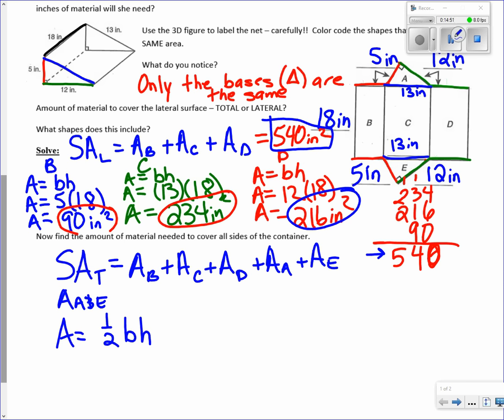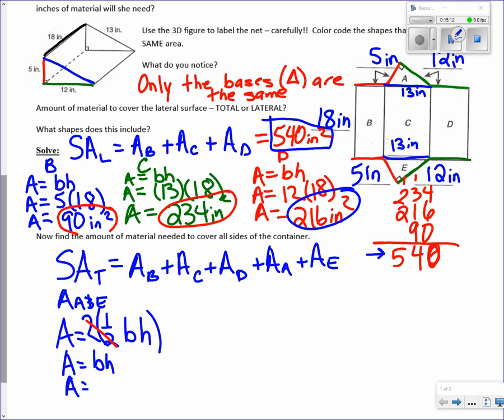But we want two of them, so we're going to multiply that by 2. What happens here is this 2 times 1/2 ends up being 1. So our formula for the two triangles is just base times height.